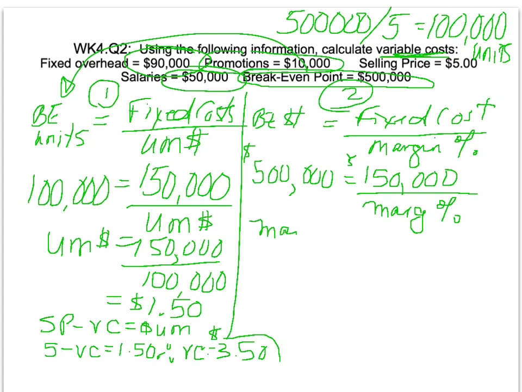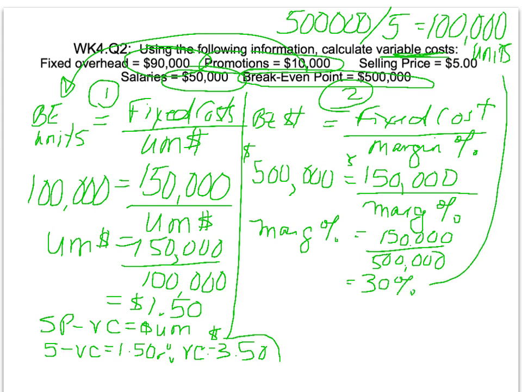And in this case here, we're solving for margin percentage. So margin percentage is 150,000 divided by 500,000, which is 30%.